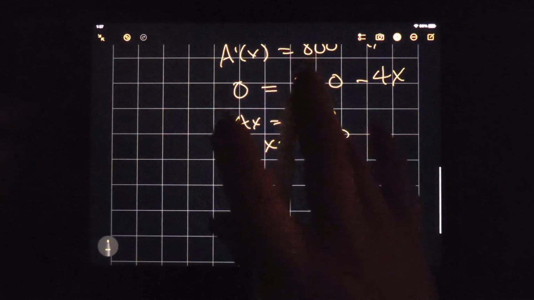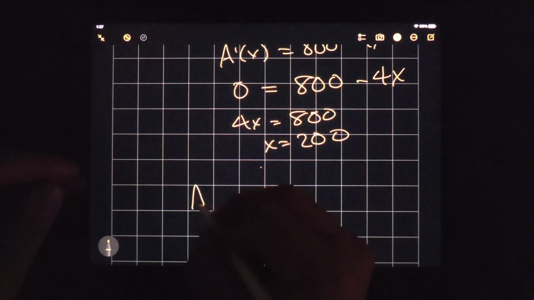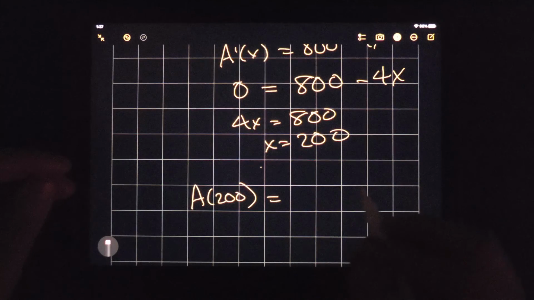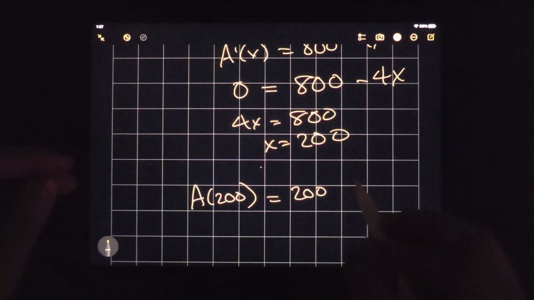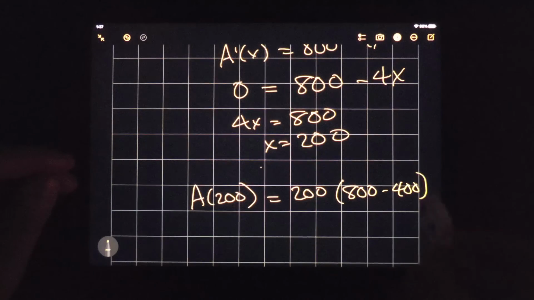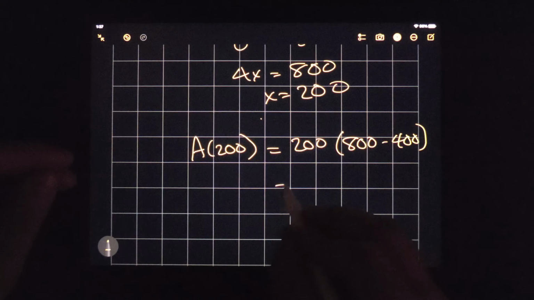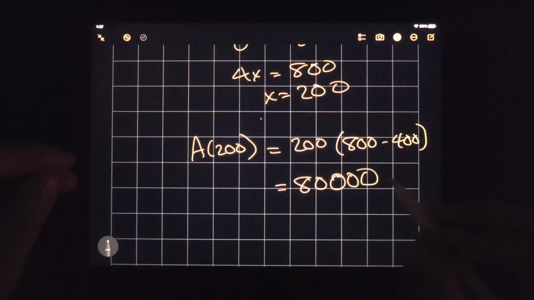So, what does that tell us? At 200, we're going to get 200 times 800 minus 400. That's just this one, minus 2x. So that should give me 80k meters squared.